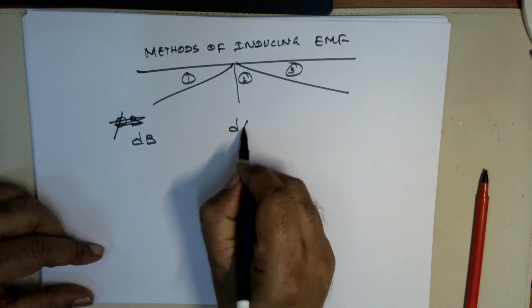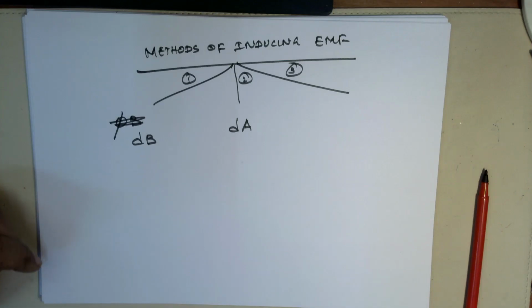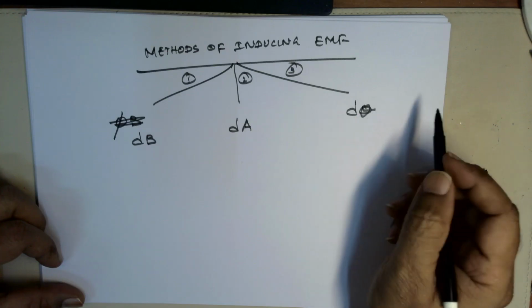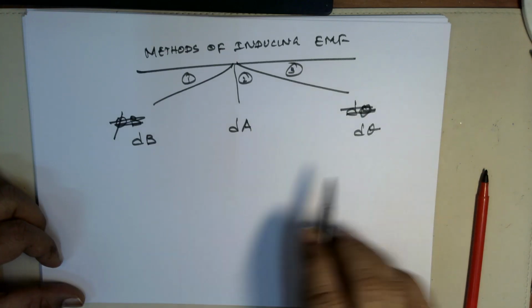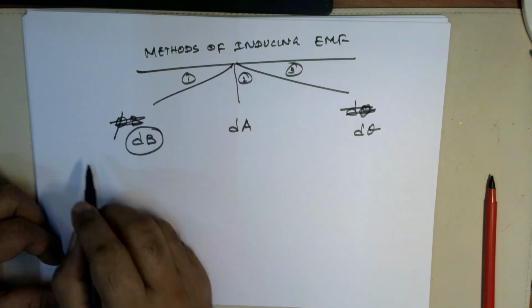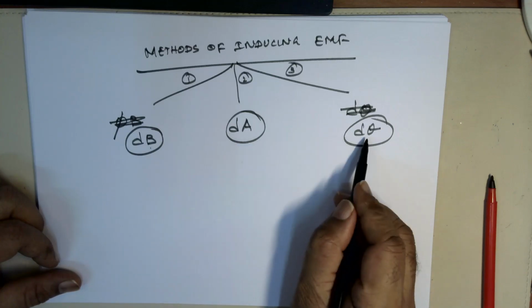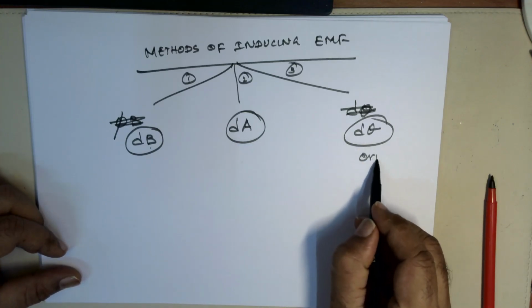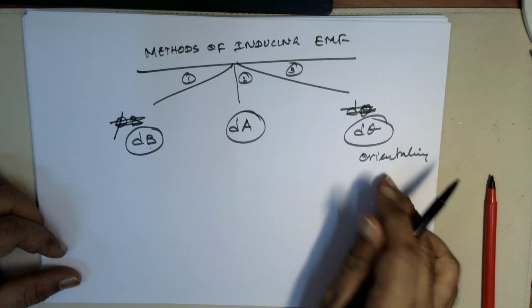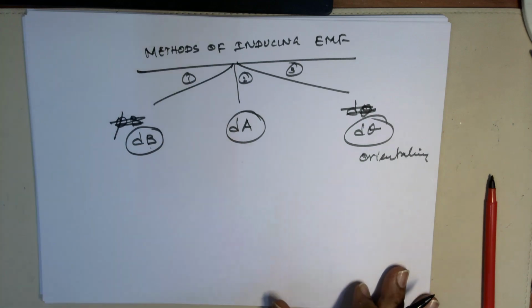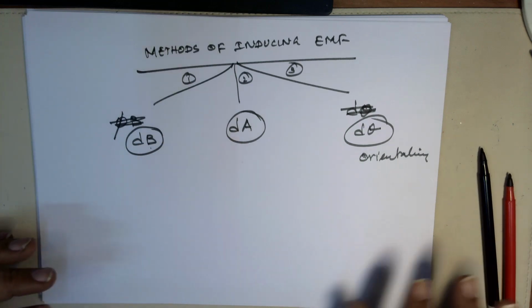Another is by changing the area of the coil placed in the magnetic field. Third is by changing the orientation, that is theta. So you can change the dB or dA. Magnetic field can be changed, area can be changed, theta, the orientation, can be changed. So this is the orientation change, this is the area change, and this is the magnetic field change. By these three methods, you can produce the induced EMF.